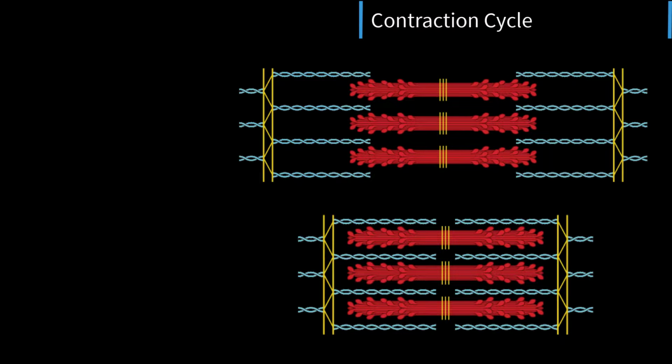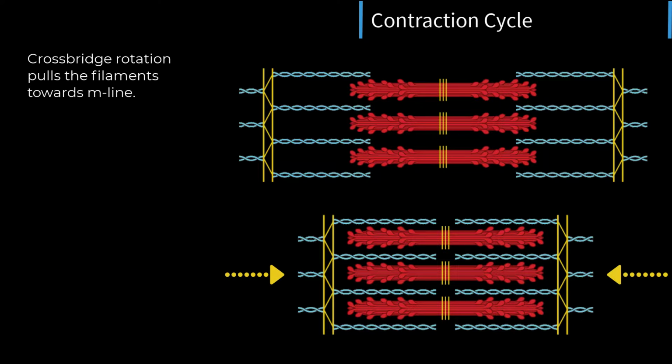This contraction cycle will continue if molecules of ATP are available for the myosin filaments and calcium ions are available for the actin filaments. The cross bridges will rotate back and forth with each power stroke, pulling the thin filaments towards the M line.